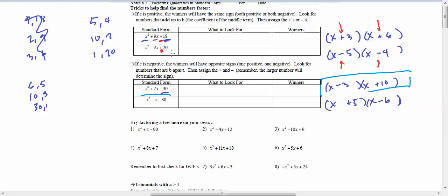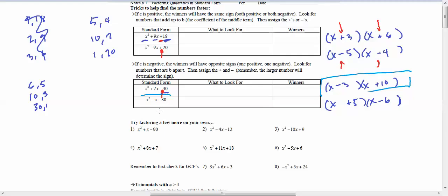The only way I can multiply two numbers together and get a positive number is if I multiply two positive numbers together, or I multiply two negative numbers together. Does that make sense? So that number in this term tells me that I'm dealing with something that has the same sign, positive or negative. Got it?